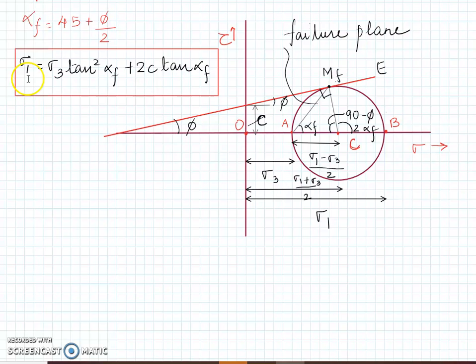Okay, so now the equation that we have at failure for alpha F, that means failure in c-phi type of soil, we can write sigma 1 as equal to sigma 3 tan squared alpha F plus 2c tan of alpha F. How do we write an equation at failure for c is equal to 0 type of soils?